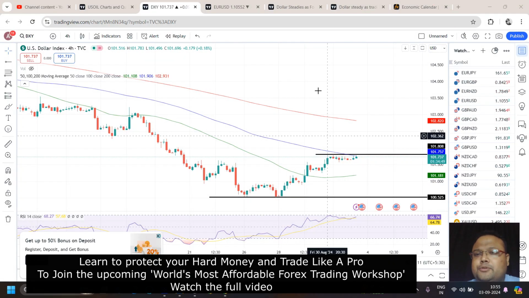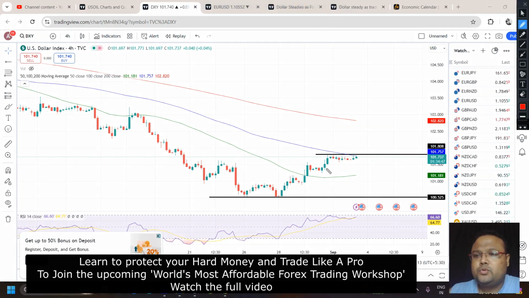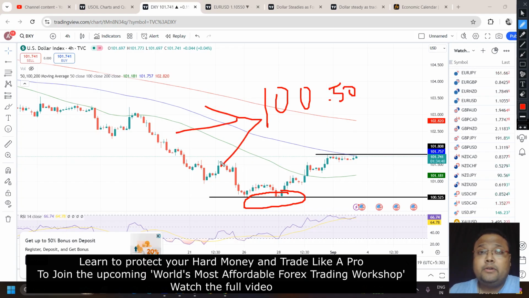If the market drops, we can expect it to stay above the crucial support of 100.5. I don't think DXY will go below 100.5 before Friday. The US dollar index will try its best to survive above 100.5 till NFP.